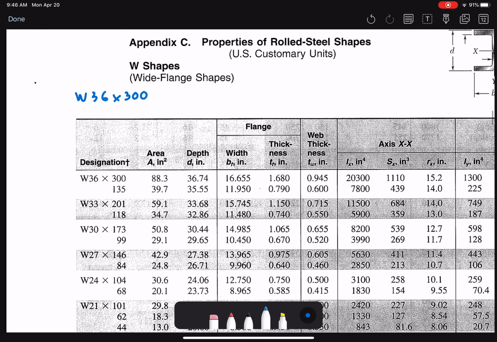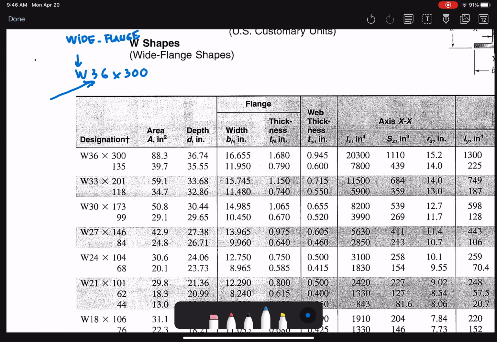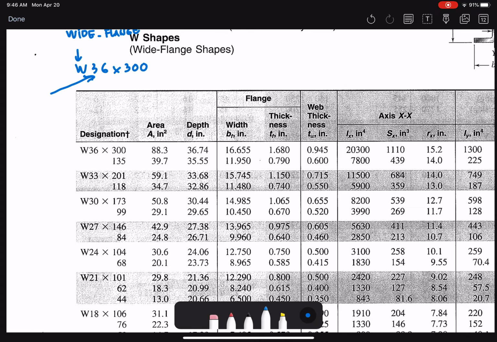So the W stands for wide flange, right? The 36 stands for the nominal depth, or height, of the cross-section.